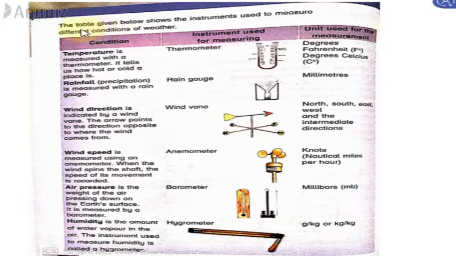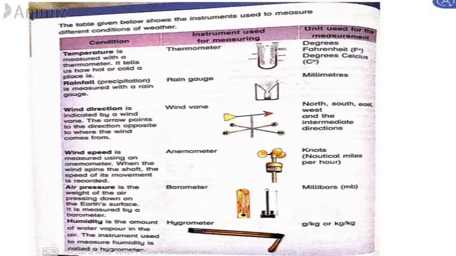The table given below shows the instruments used to measure different conditions of weather. I had already told you in the previous lecture that there are different factors involved in predicting the weather conditions.